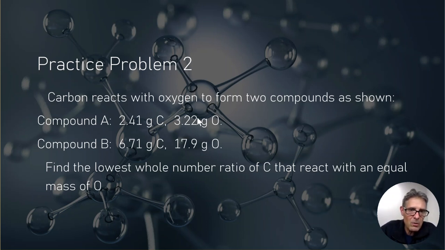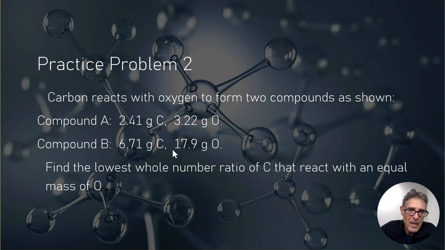If I can change both of these numbers to 1 gram, then I'm working with something workable. To get 3.22 to 1 gram, all I have to do is divide it by 3.22. And if I divide 3.22 by 3.22 to get 1 gram, I've also got to divide 2.41 by the same amount. So we'll divide that by 3.22.